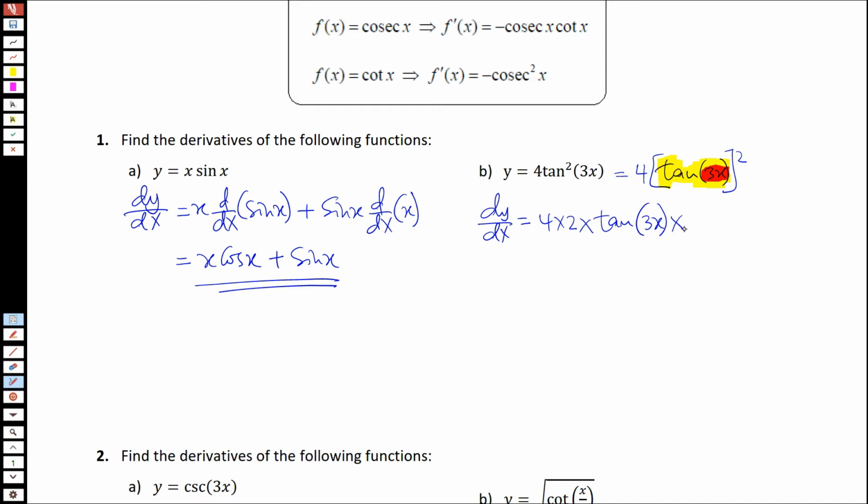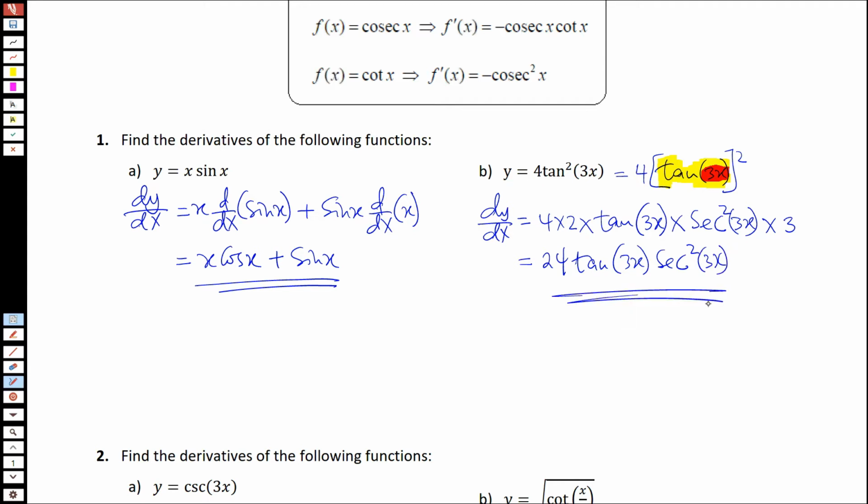And now the derivative of tan is secant x squared, so that will be secant 3x squared. But now the derivative of 3x is 3, so this will be multiplied by 3. And now if we put all these things together, we shall end up with 24 multiplied by tan 3x multiplied by secant of 3x squared. And that will be the derivative for that function.